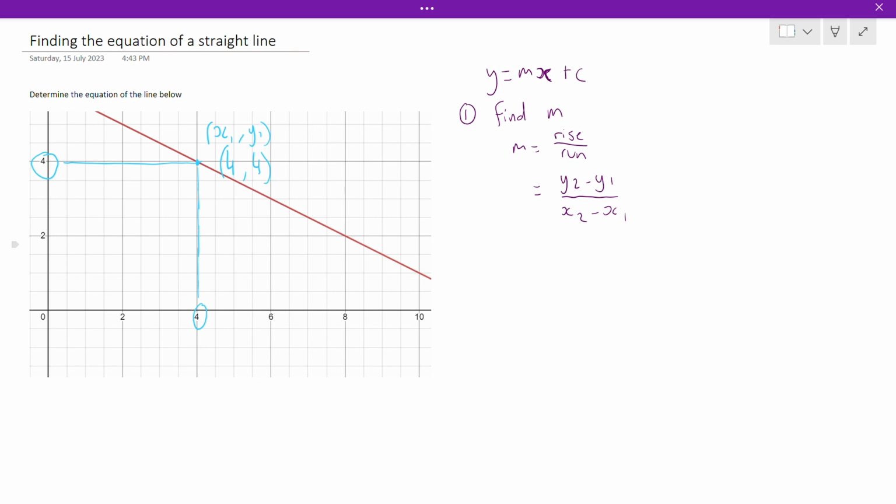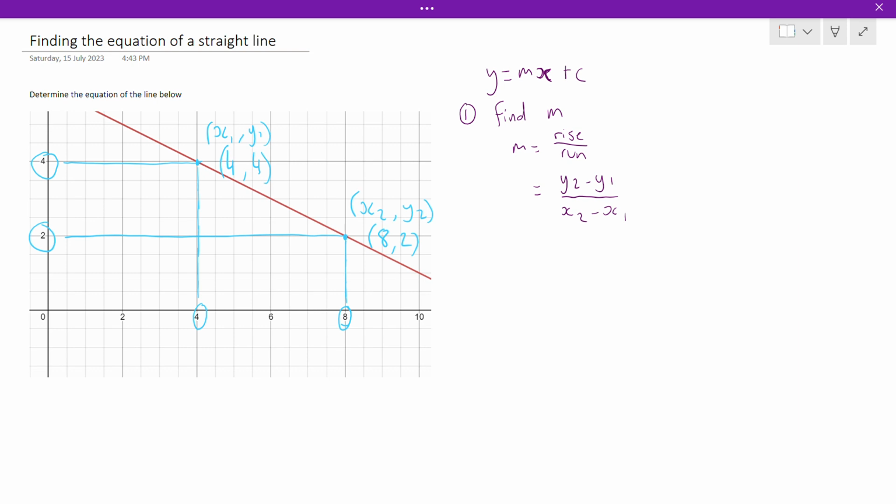So I'm going to go down here and choose this one. Again, we can title this one x2 and y2. If I go down to my x value, that occurs when x is 8. If I go across to my y value, that occurs when y is 2. So this coordinate is going to be (8, 2).